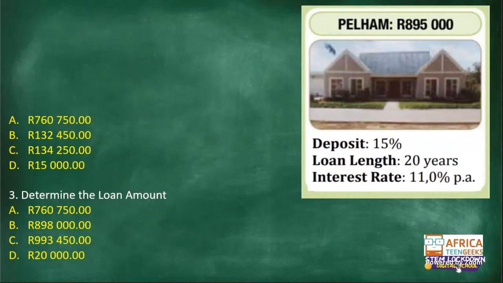And then the other one there would be B, which is 898,000, and then C, 993,450.